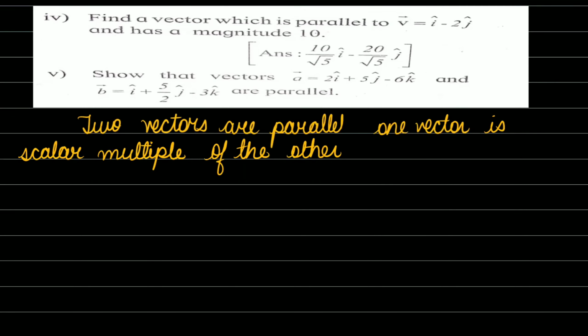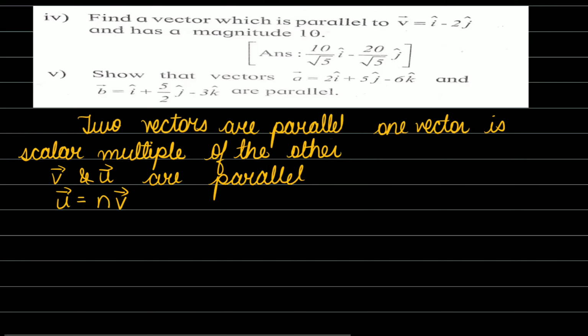For example, if v vector and u vector are parallel, then u vector will be equal to n into v. As I said, when two vectors are parallel, one vector is a scalar multiple of the other. Over here, n is our scalar multiple.